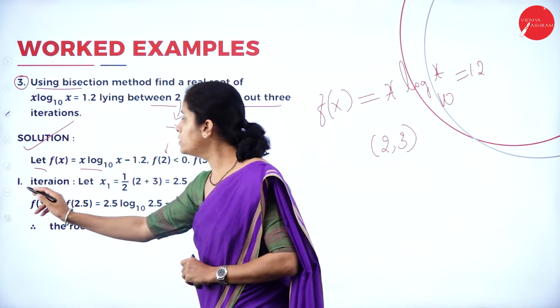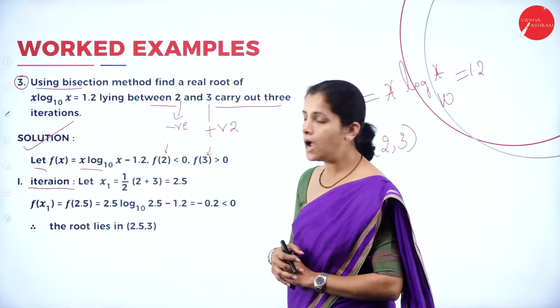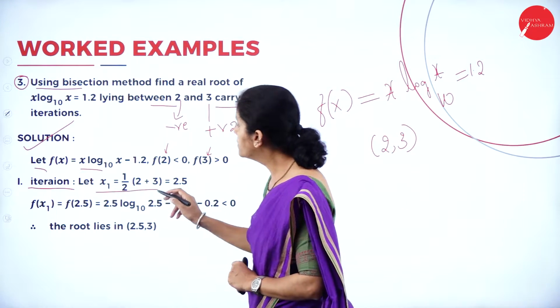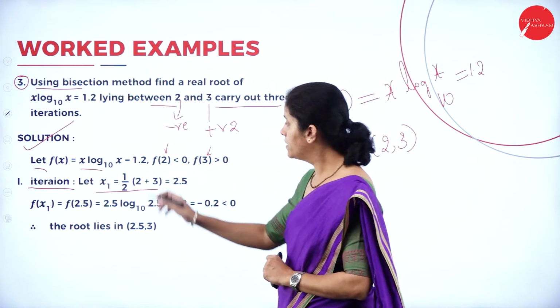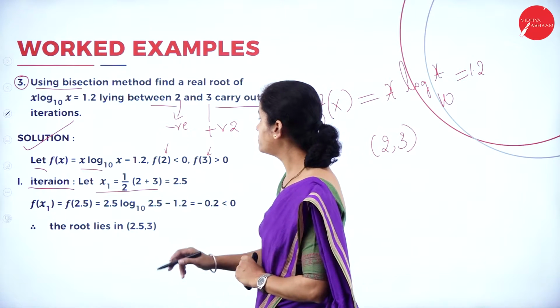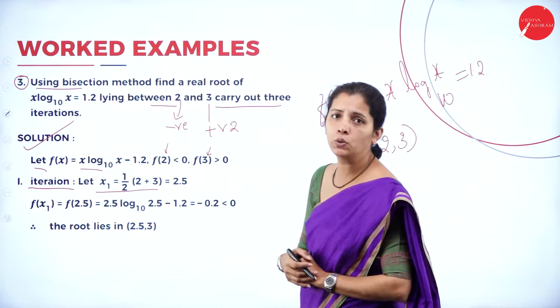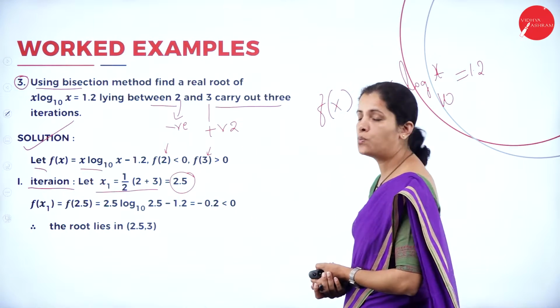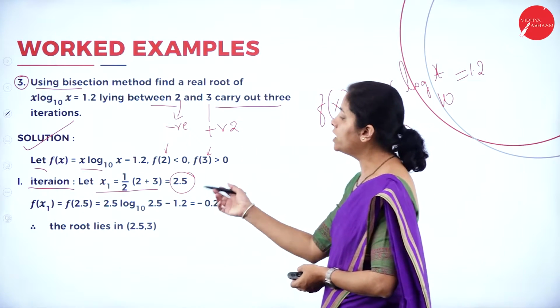Now, I am going to write iteration 1. What is the formula? x1 equal to half of (2 plus 3). So it is 5 divided by 2, which is 2.5. Now, what am I going to do?